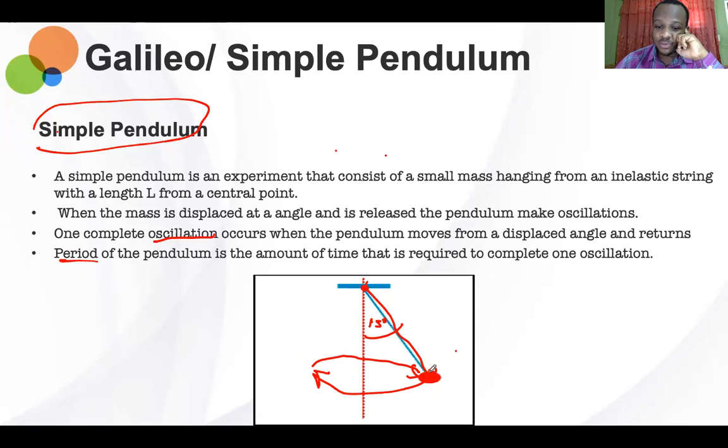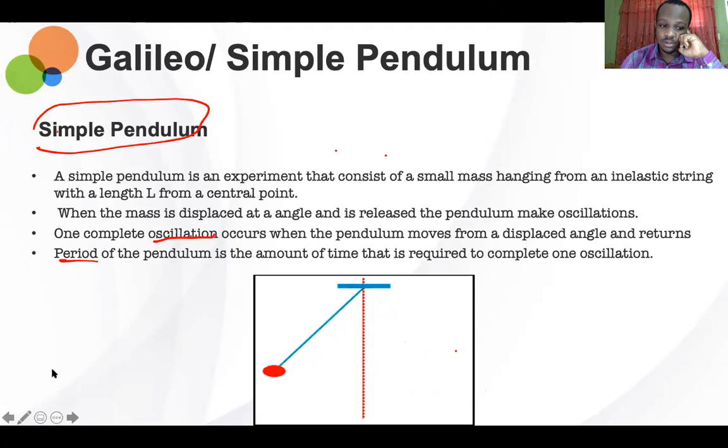So we attach the bulb here and we let it go at 15 degrees. You'll find that the bulb begins to swing. Now, one oscillation, we defined one oscillation as the bulb being held at this area here. Before we let it go, we hold the bulb at this area. When we let it go, the bulb will go over this side and then it will return.